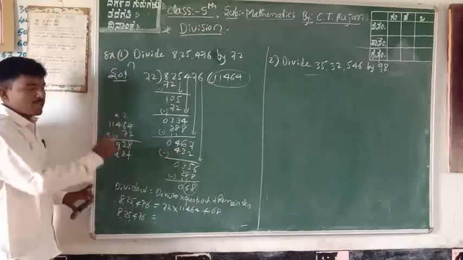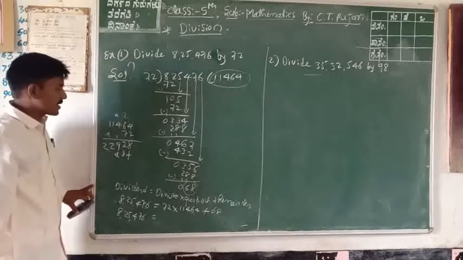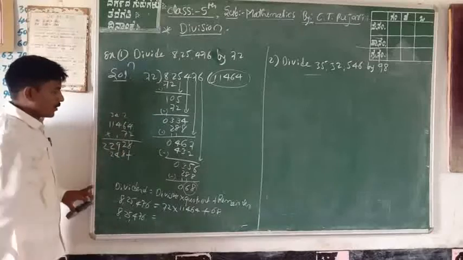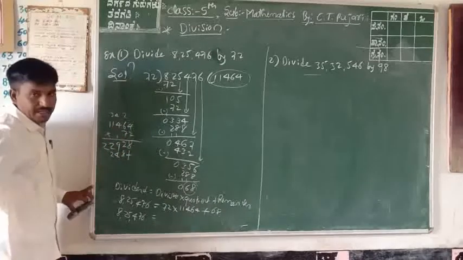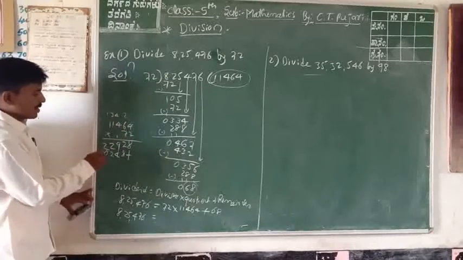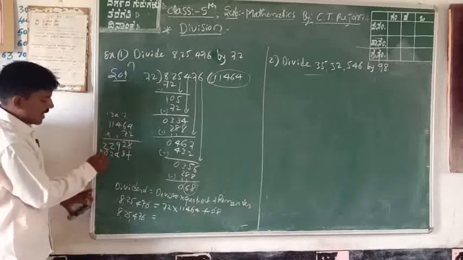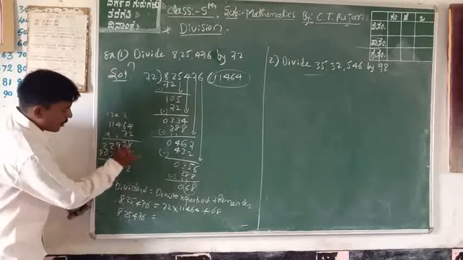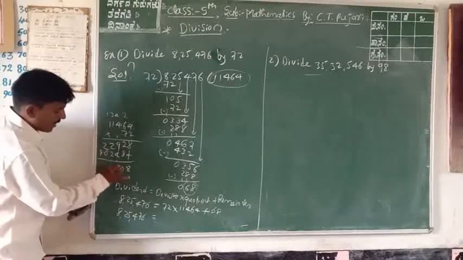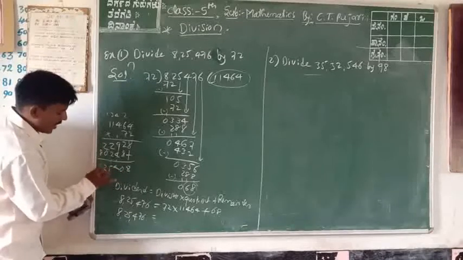Next 7 fours are 28, 28 plus 4 is 32, carry 3, 7 ones are 7, plus 3 is 10, 7 ones are 7, 7 plus 1 is 8.